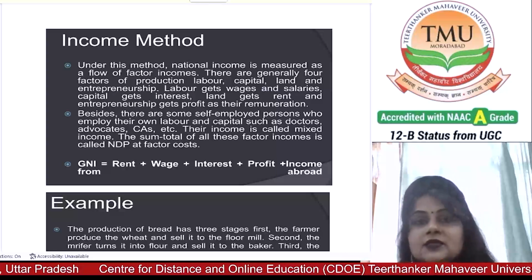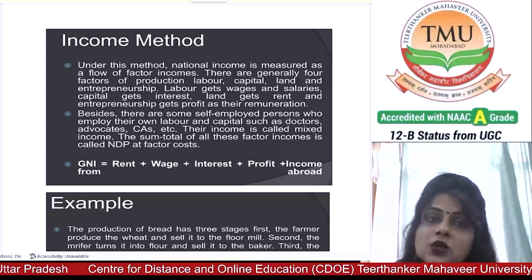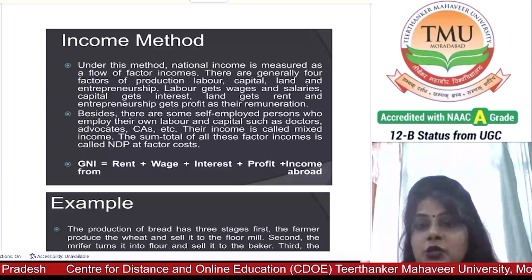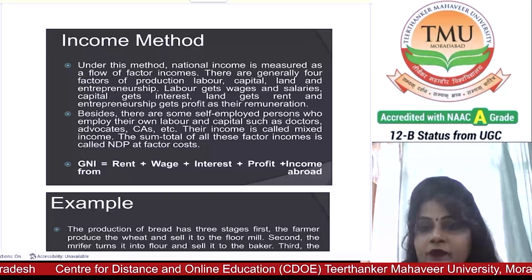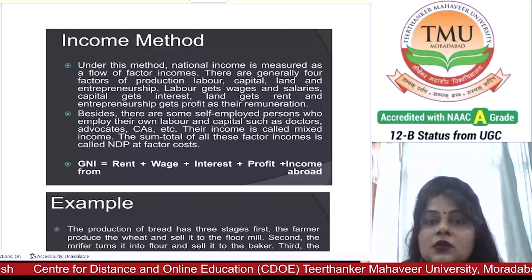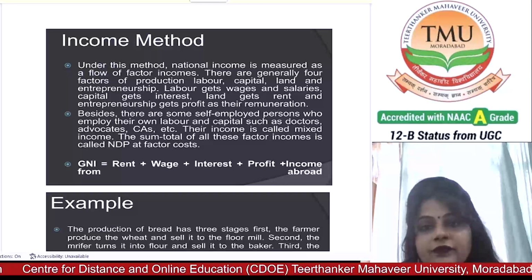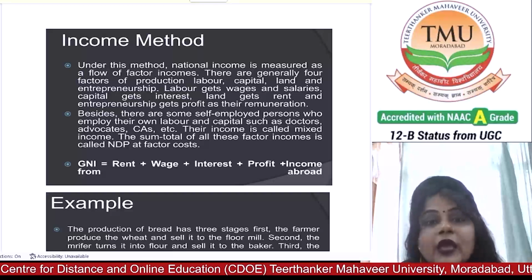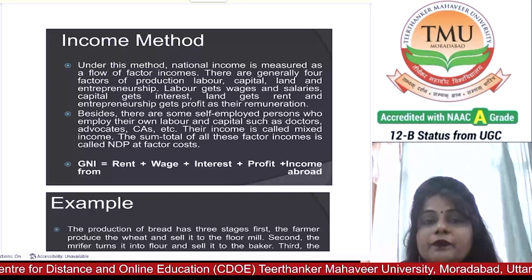Second, wages and salaries in kind. It includes all non-monetary benefits like health and education facilities, rent-free accommodation, free car, etc. The imputed value of such benefits should be calculated in the national income.